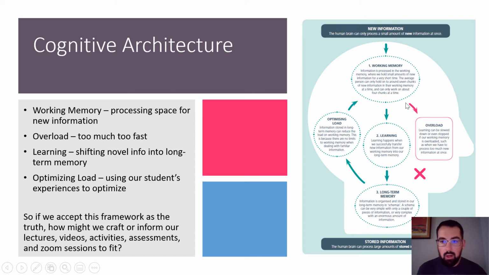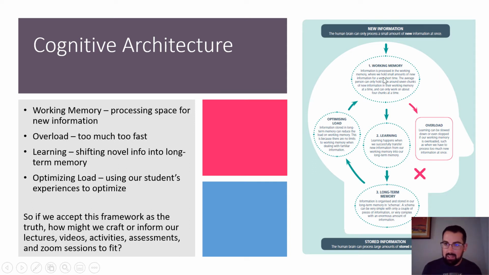So then learning occurs when the novel information that we're working with or our students are practicing, we maybe just did a PowerPoint on, and they're introducing and they're practicing things. The learning is when that new information, the new skill, the new competency moves from working memory into our long-term memory, right? And that comes with repetition.